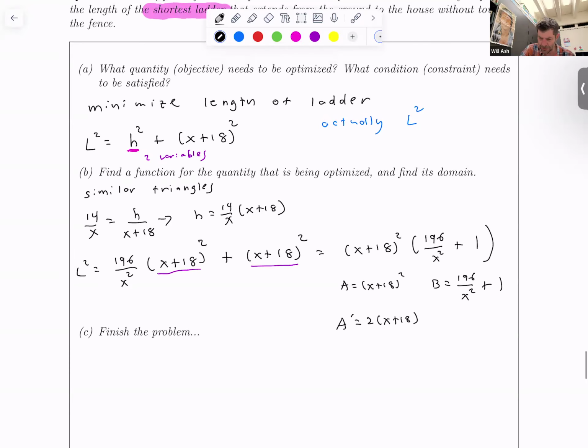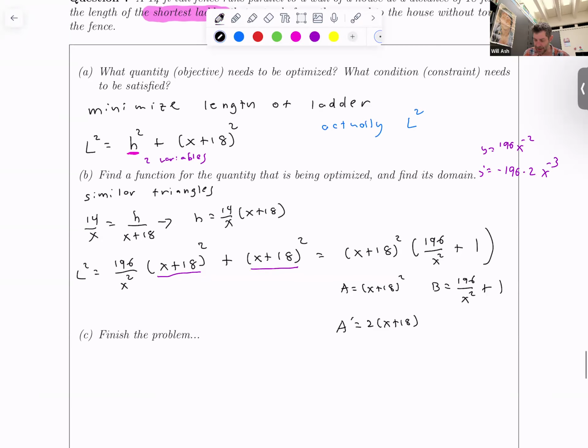Then over here, let me just do a little bit of side work. I'm going to think about that as 196 x to the negative 2, which would make the derivative negative, and watch how I do it. I'm going to call it 196 times 2, and I'm not even going to worry about what that is, times x to the negative 3. Anyway, so I do a prime b.